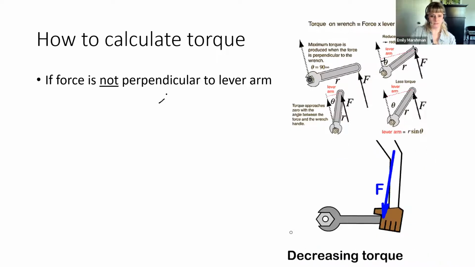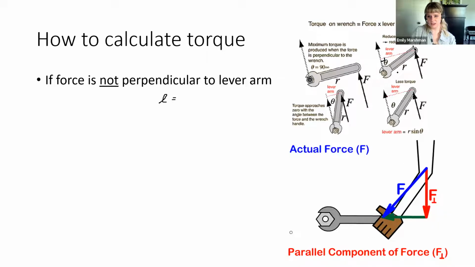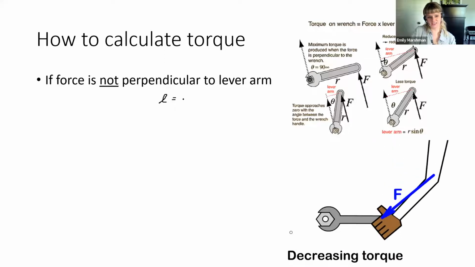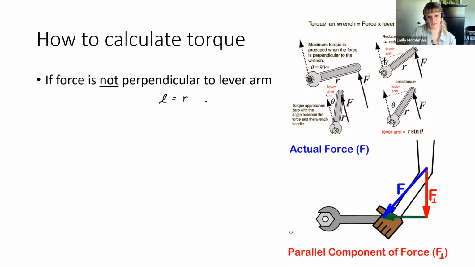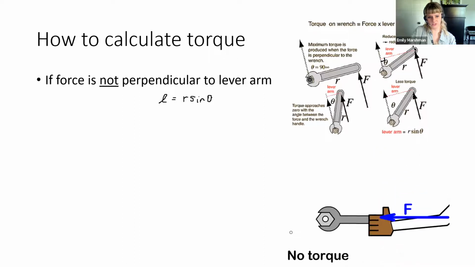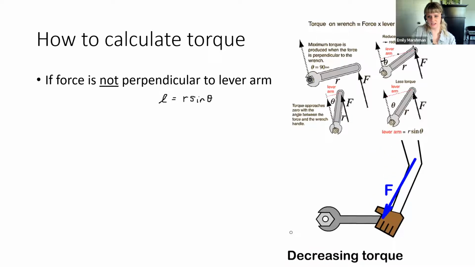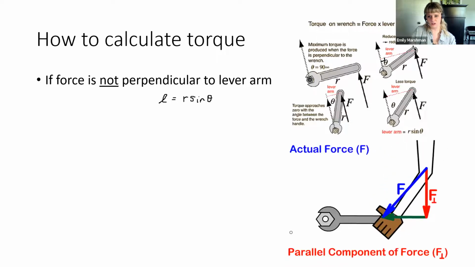The lever arm, in this case, is going to be the length of the actual wrench, R, multiplied by sine of the angle theta. You can check that using some trig. If I take the sine of the angle, it's the opposite side over the hypotenuse, which is R.